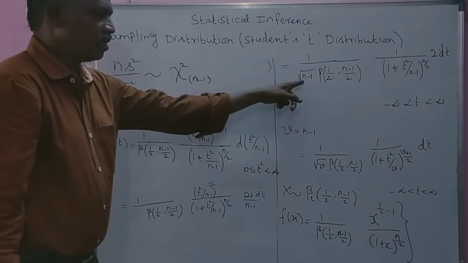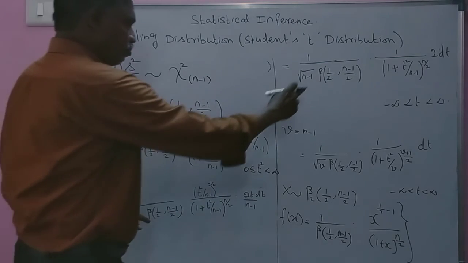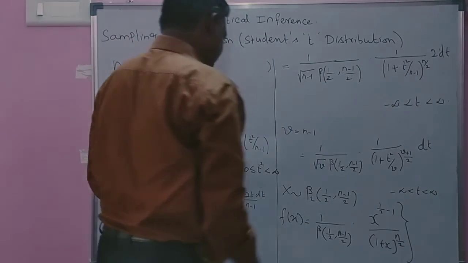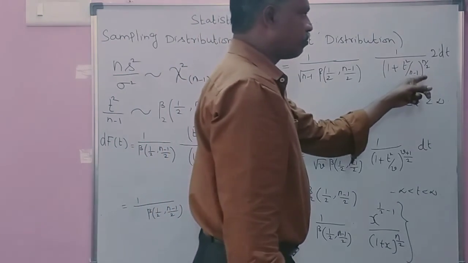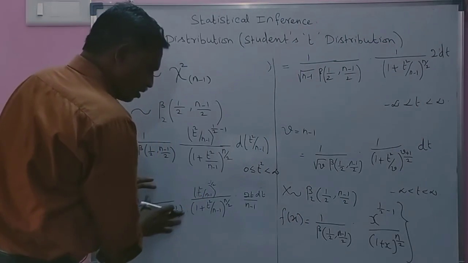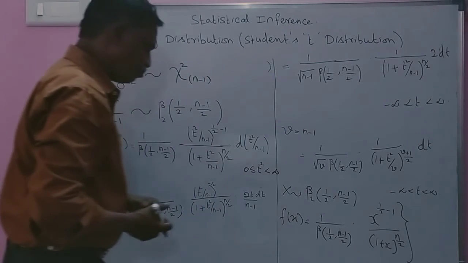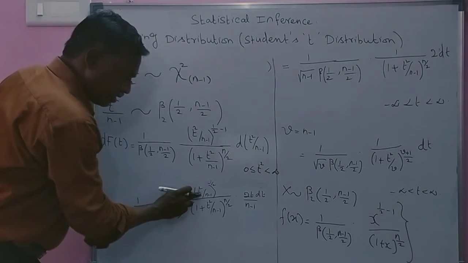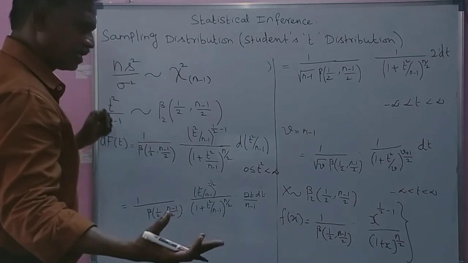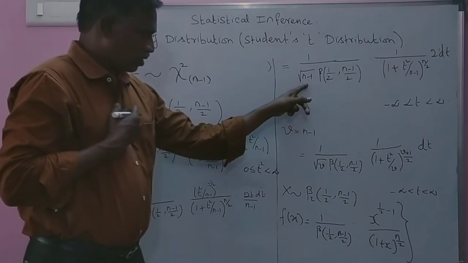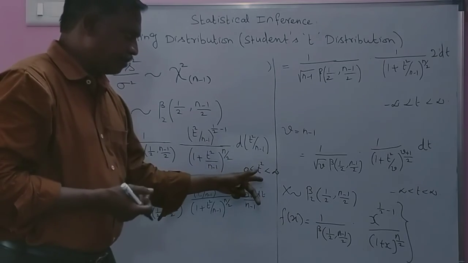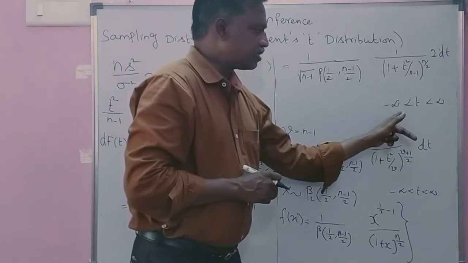The remaining term is root n minus 1, and the rest remain the same. So when t square lies between 0 and infinity, t lies between minus infinity and plus infinity.